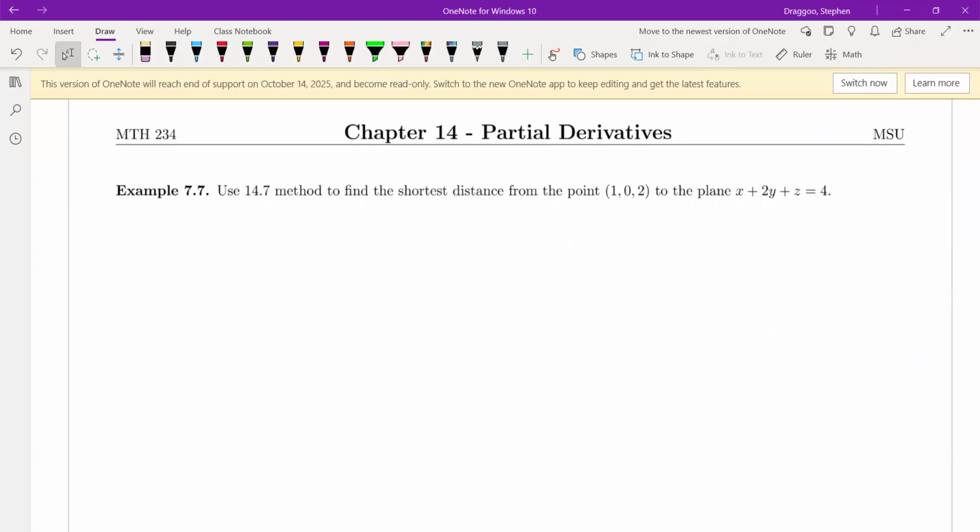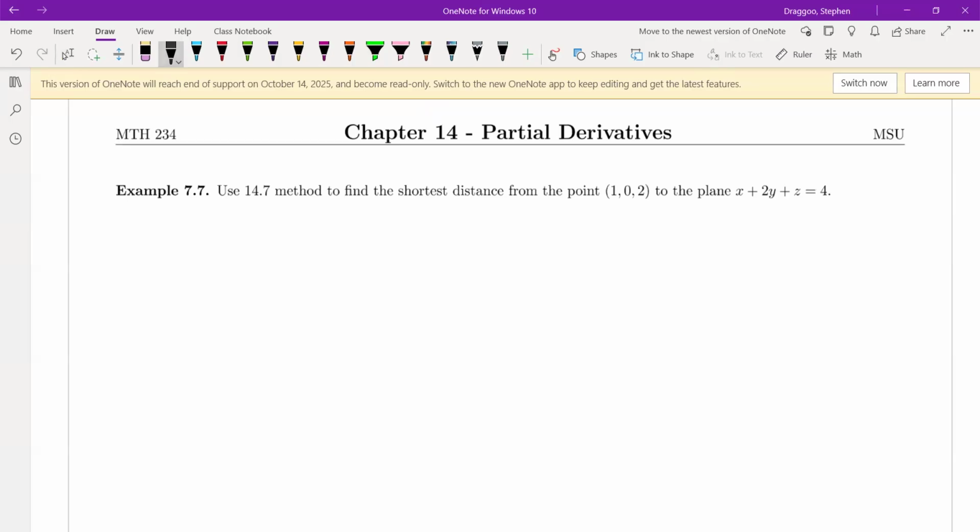All right, this is the last problem for today. So, using that method, the thing that we just did, find the shortest distance from the point (1, 0, 2) to the plane x plus 2y plus z equals 4. Cool. So we're looking to find some minimum value.